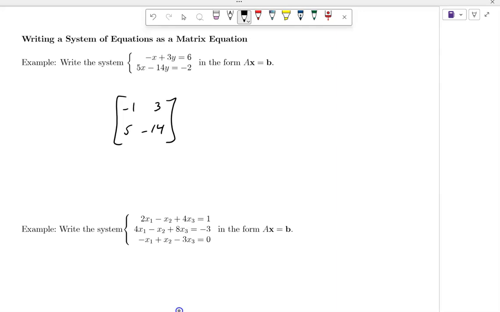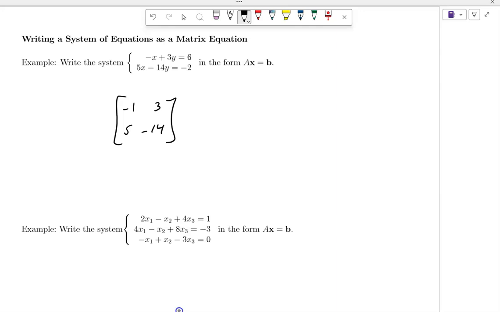Your X here, notice it's bolded. It doesn't show very well on the screen, but it's bolded on your paper, right? And again, I mentioned to you that when we have bolded things, we think of those as vectors, and usually it's going to be either a column or a row. If I want this to be a vector and I want this product to be defined, do you think I want a row vector?